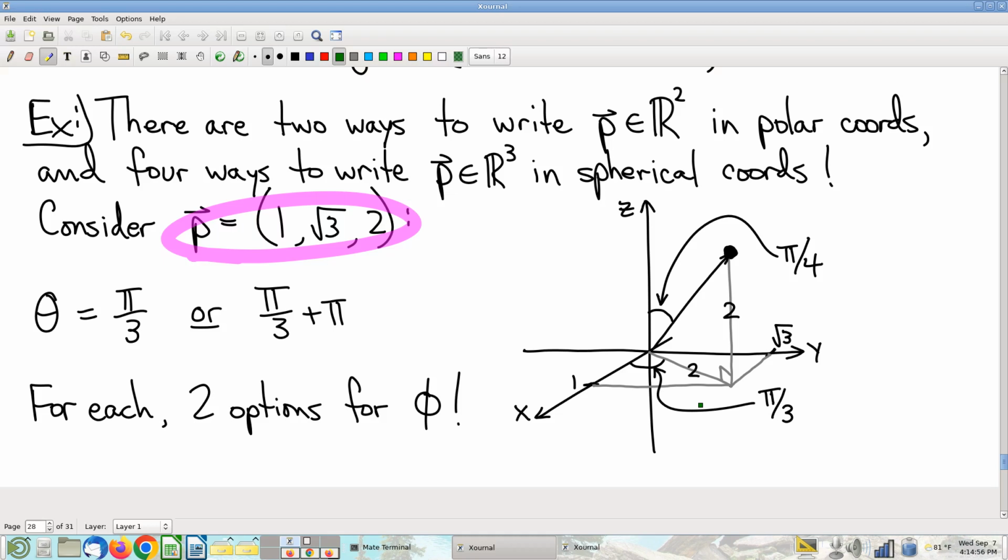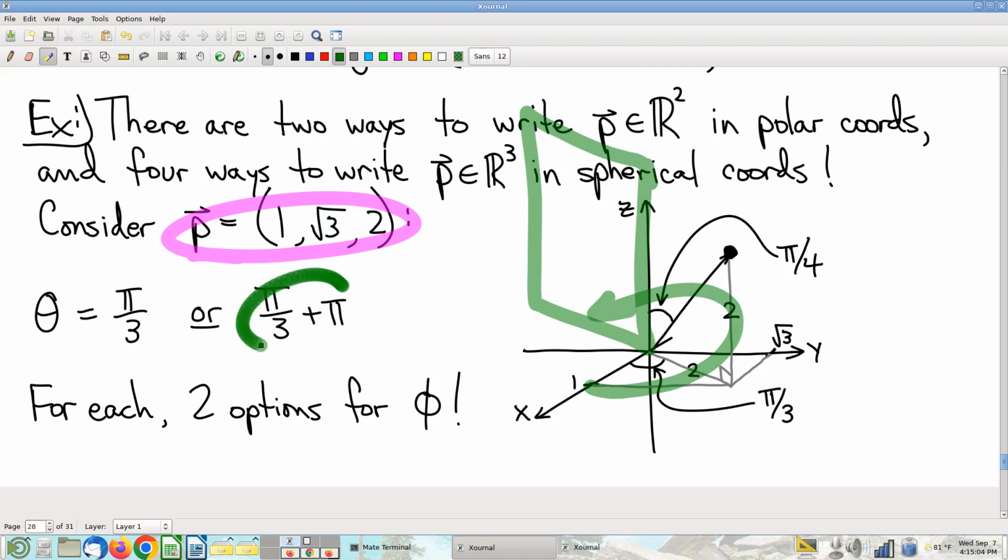So, for example, here's one that I drew a minute ago. If we take this value of theta, and then if I choose phi to be like this, kind of this way, whatever that angle is, I guess that's 3 pi over 4.